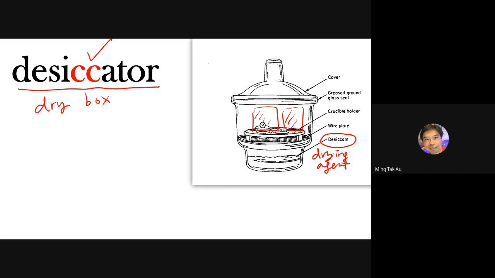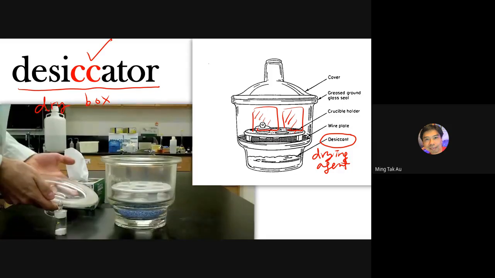So I show you the real picture of a desiccator in our laboratory. That is the desiccator. You can see a hand there, so you can roughly know the size proportion. The lid is here, so we can place the lid and put the chemical right here.